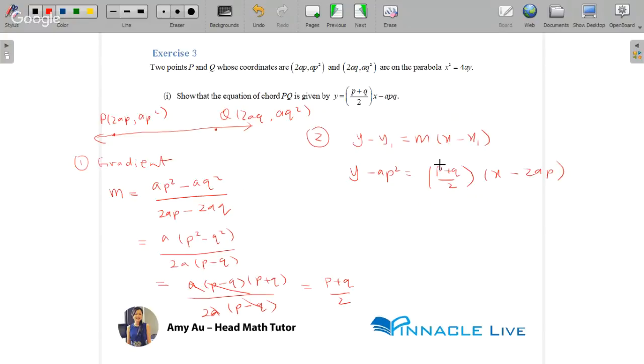So point gradient. And remember, the trick here is to keep this all together when you expand it into the second bracket, and then leave that first part intact. Expand.